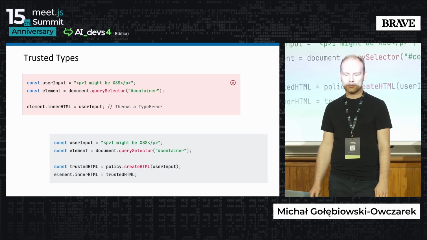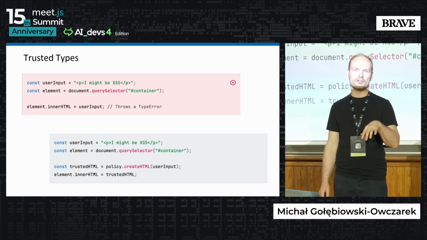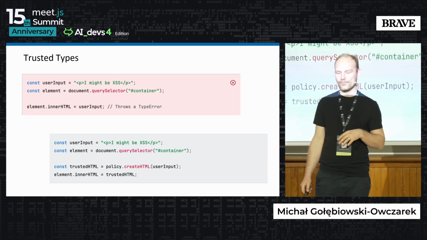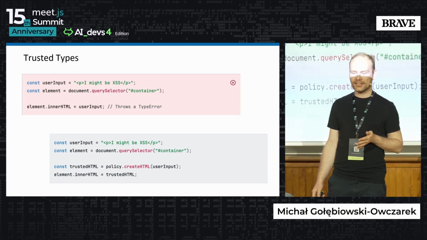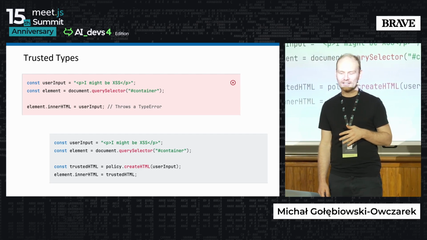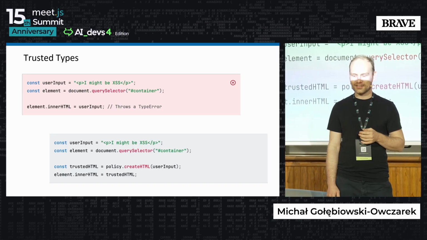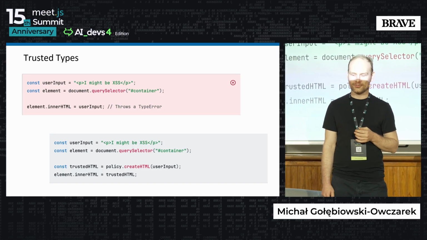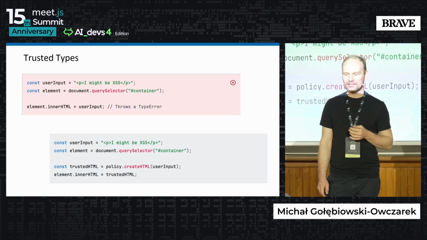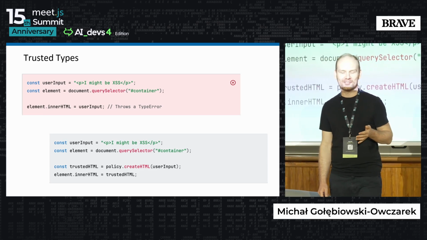And if you set CSP properly, setting raw strings to innerHTML will actually throw. So what did jQuery have to do here? We had to stop concatenating raw HTML strings in the library, which was kind of needed to support some of the weird semantics for table elements. So we are now doing this differently. And that's a nice part of this API, that you can support it without actually using it.